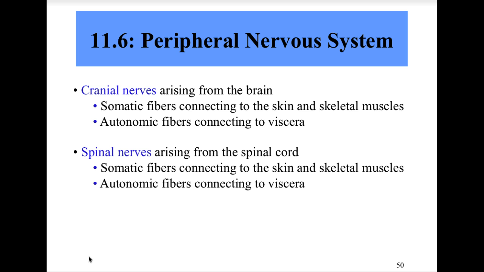The PNS is divided into sensory and motor branches, and the motor branch of the peripheral nervous system is further subdivided into a somatic nervous system from the central nervous system to skin and skeletal muscles, and an autonomic nervous system, which goes from the central nervous system to smooth muscle, cardiac muscle, and endocrine glands.